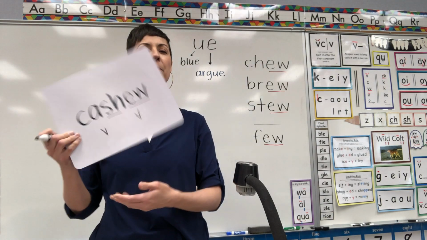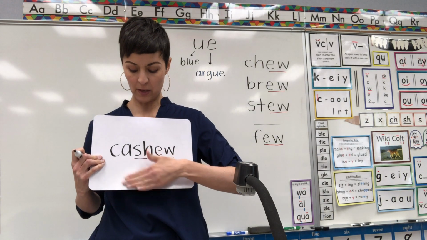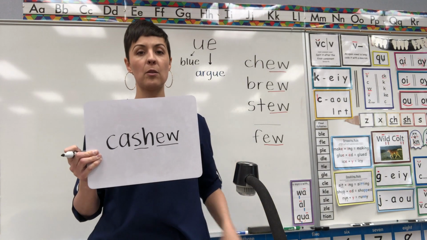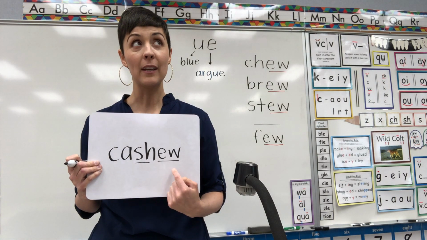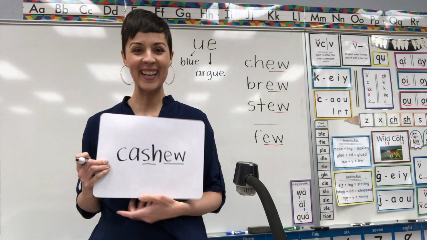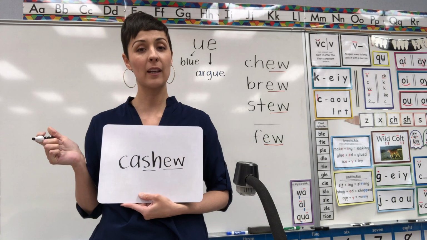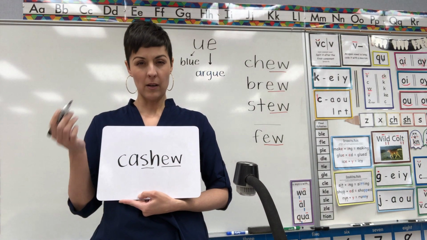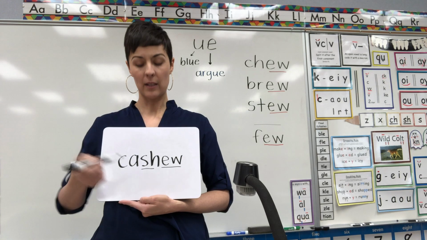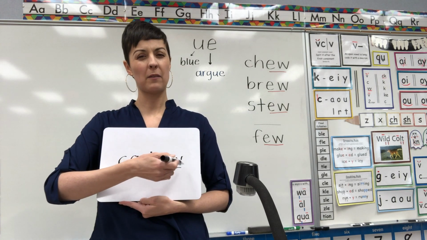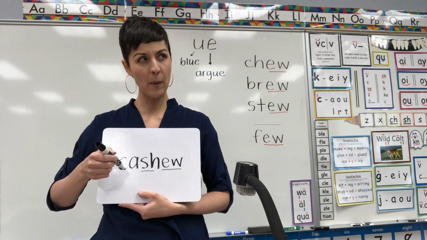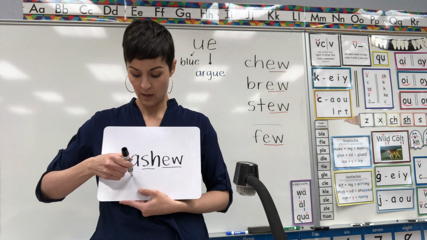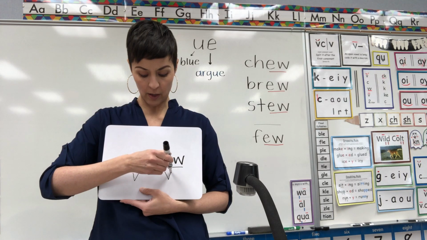Let's check it together. Cashew, I'm gonna erase what I started here. Cashew should be spelled C-A-S-H-E-W. E-W at the end and C in front of A to say the k sound. Okay, here's what I started to code and then I stopped. I have digraph SH, I have digraph EW underlined, but then I think I have a vowel pattern because I have two vowels, right? A is a vowel, E is a vowel.